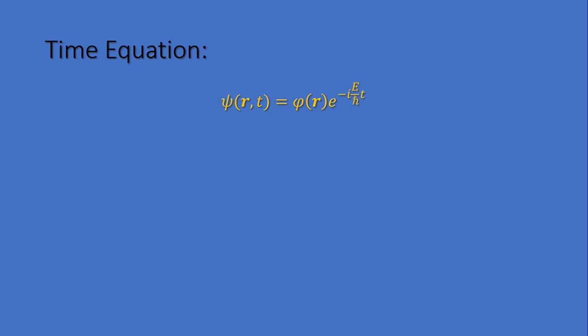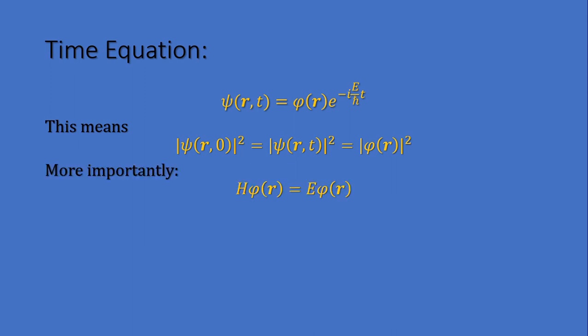This essentially says that we can write the psi wave function as the product of a spatial function phi times a time phase. This is very profound because it tells us that the square of the wave function at time t0 is equal to the square of the wave function at time t greater than 0, and they're both equal to just the absolute value squared of the spatial function.